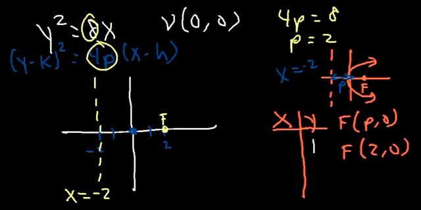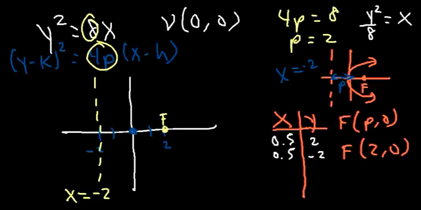Let's plug in 1 for y. Actually, 1 is going to be too small. Let's solve for x: y squared divided by 8 is equal to x. Let's say we plug in 2 for y. 2 squared is 4, and 4 over 8 is a half. If you plug in negative 2 for y, when you square it, it's still going to be positive 4, so you're going to get the same x value.